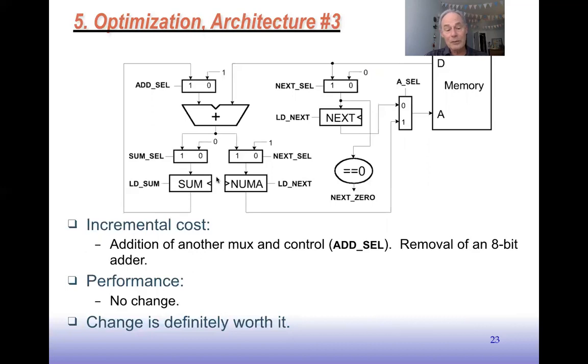So the performance will be no change. The cost is relatively small, because a multiplexer is much less expensive than an adder. Therefore, you could say for sure this is definitely worth it. This is more Pareto optimal, this design. Right? Okay, so that was architecture number 3.